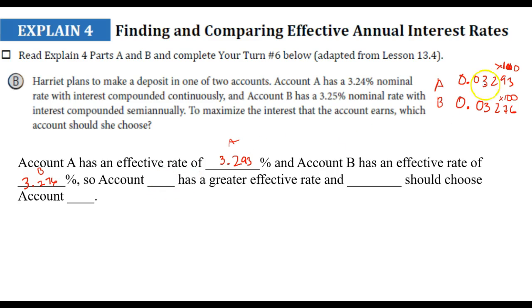Even though they're not that far off, account A has a greater effective rate, so Harriet should choose account A. Take some time, pause here, and do the Explain problem found in your packet.